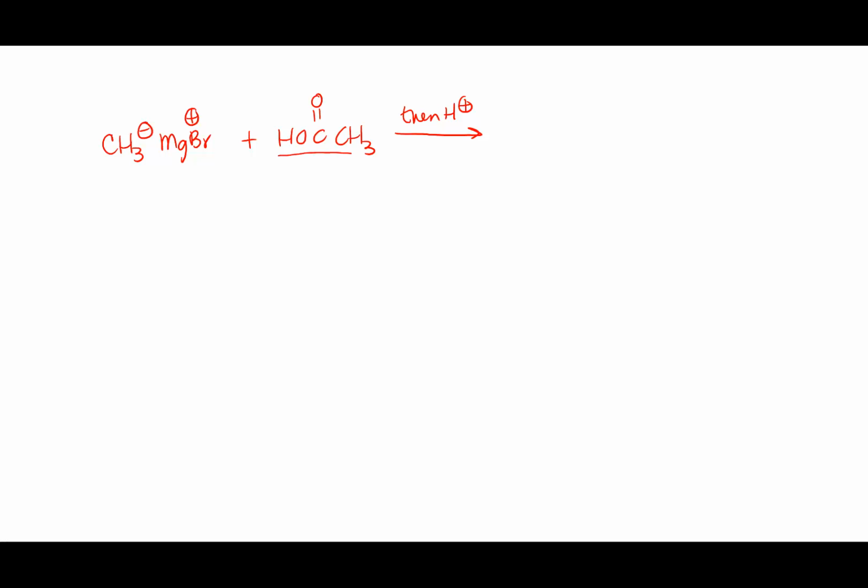But what functional group is this? This is a carboxylic acid. What am I reacting with the carboxylic acid? A Grignard, which is a strong base, in addition to being a nucleophile.